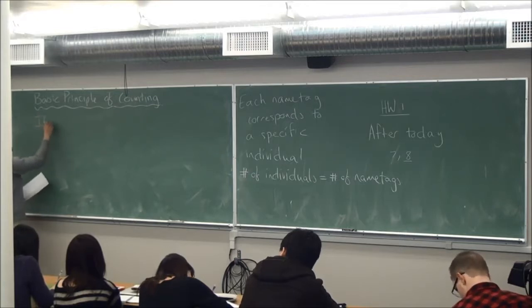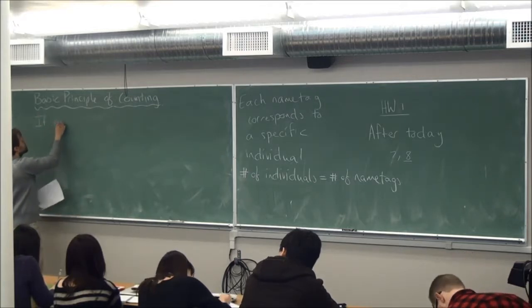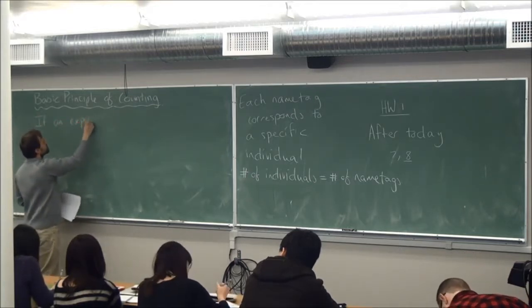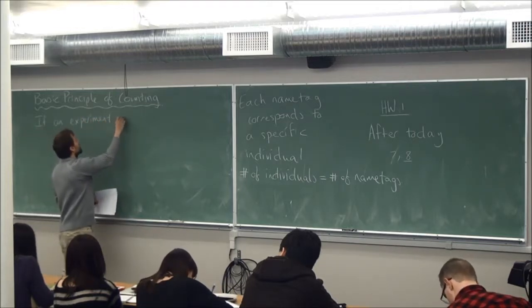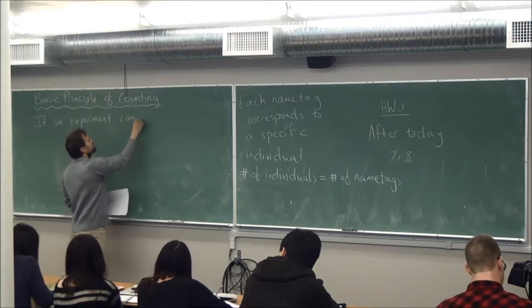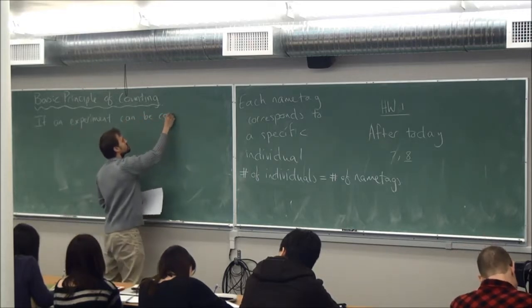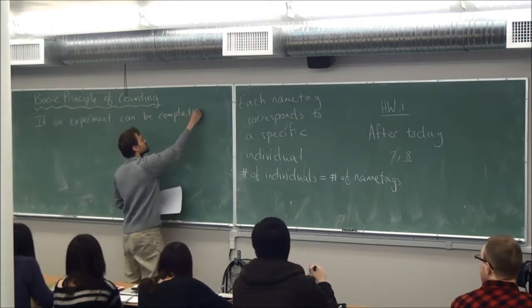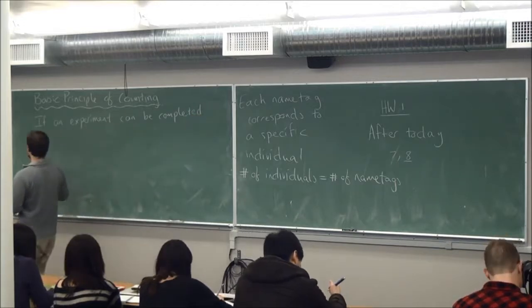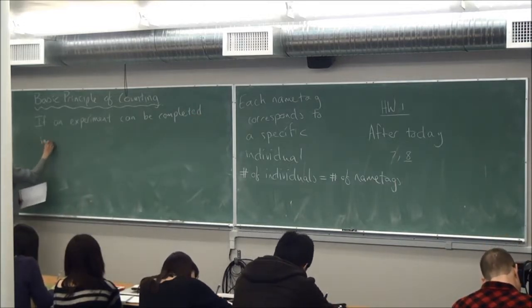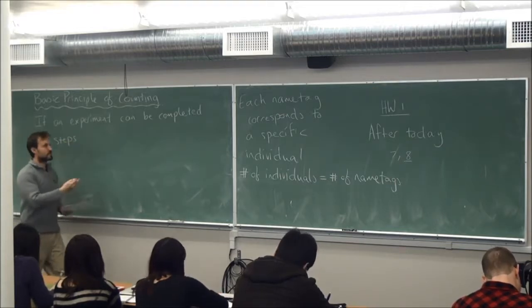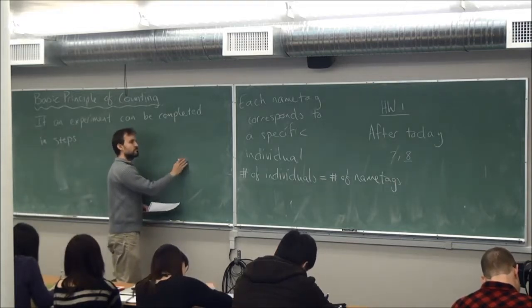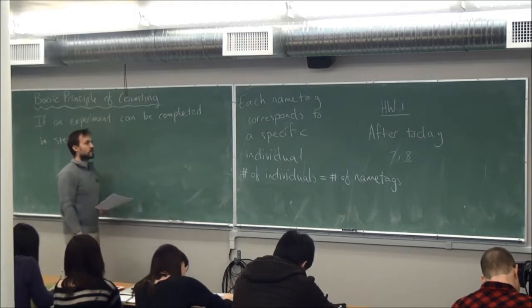So, if I have an experiment, and it can be completed, let's say, in steps. Making a name tag, I completed it in 2 steps. 1 step for the entry, next step for the country.